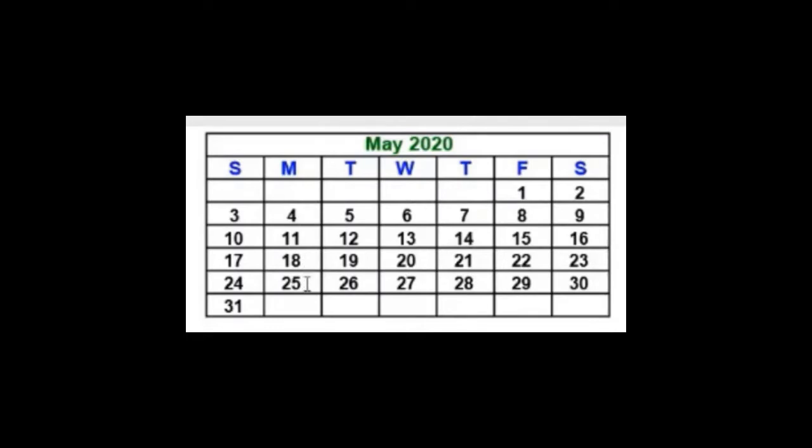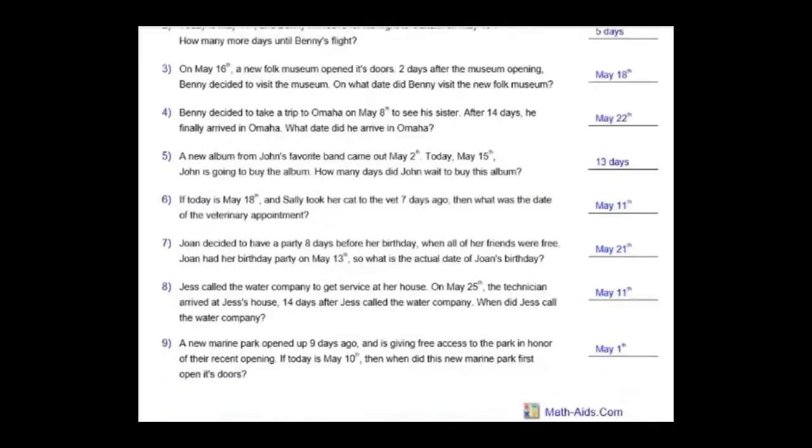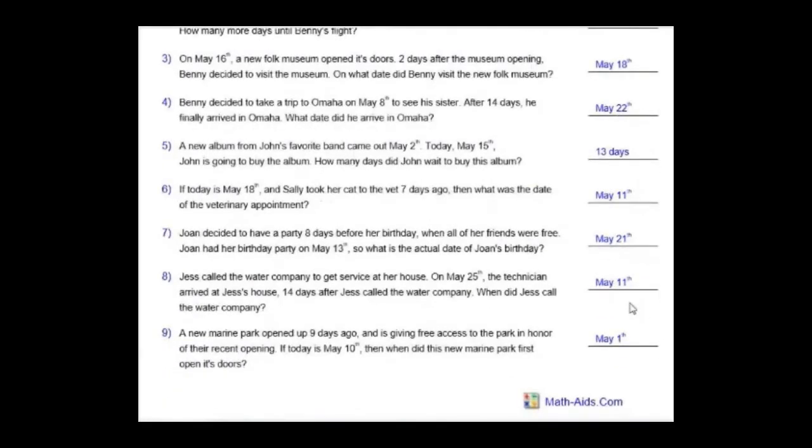We're going to count 14 together and see if we get May 11th. So let's start. 1, 2, 3, 4, 5, 6, 7, 8, 9, 10, 11, 12, 13, and 14. So we're good on May 11th, which let's double check our answers. Yes, we are doing so good.